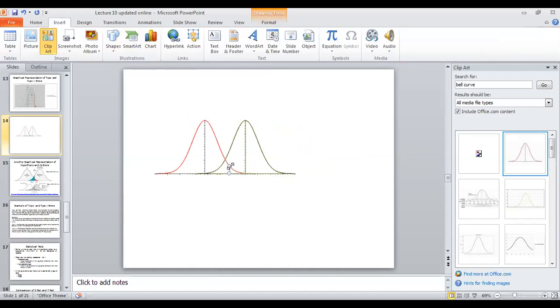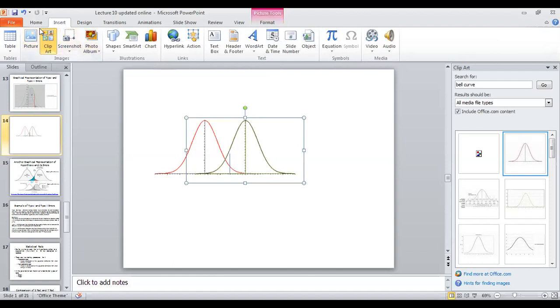And let me increase the height of it. And on the left hand side of this vertical bar that we have just brought in, we have the beta, and this is on this second normal distribution graph, which is greenish black in color.